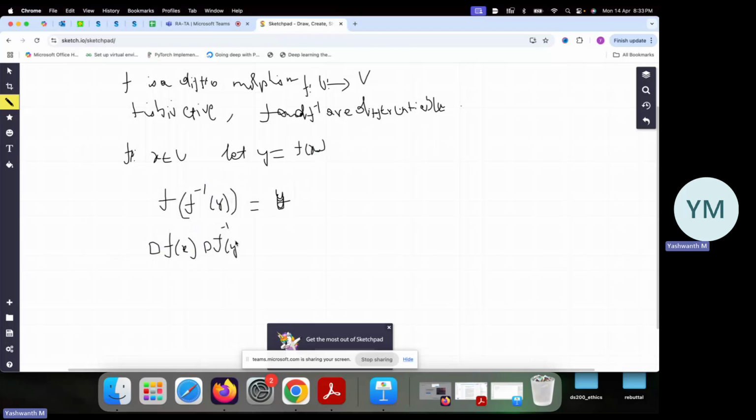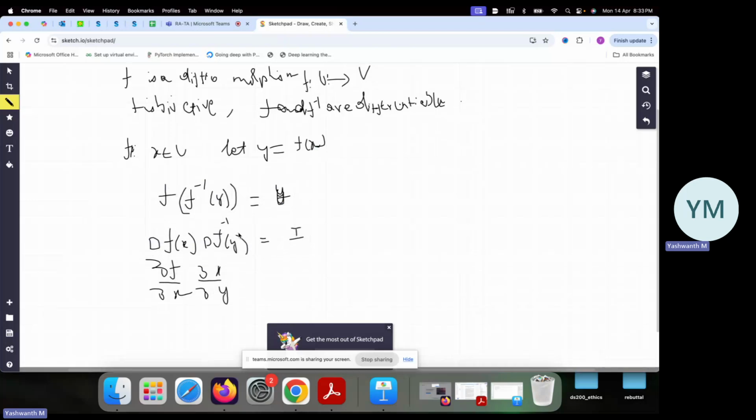Because we are dealing with R power n, these are Jacobians. This should be equal to identity. So call this ∂f/∂x, and then this is ∂x/∂y.